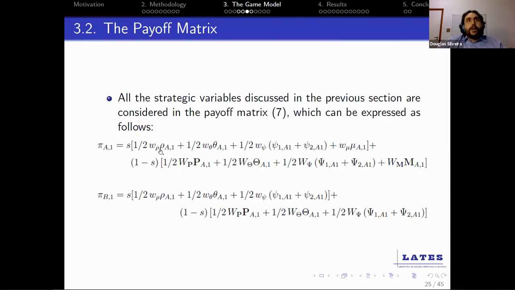It will split the market potential with the other firm because they are sharing the same geographical region. And they will also split the productive integration for the same reason as before. And then here we are just computing the costs associated with both the skilled and the unskilled labor force.